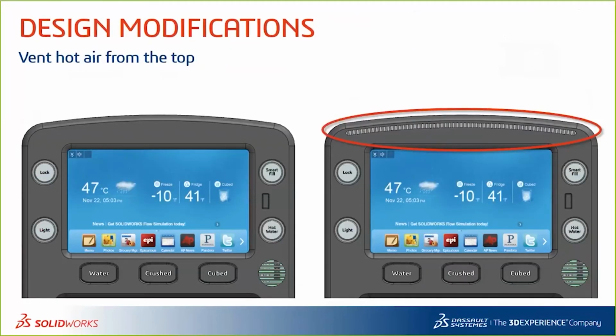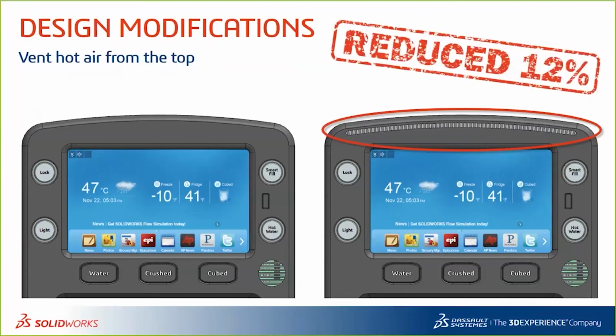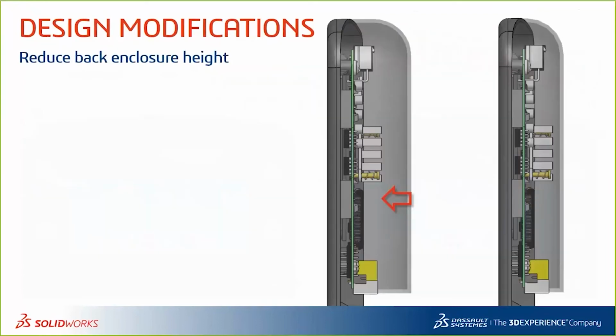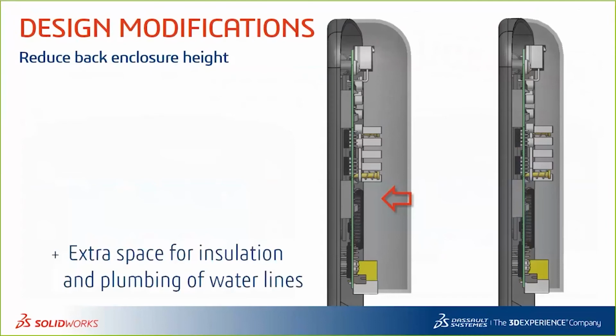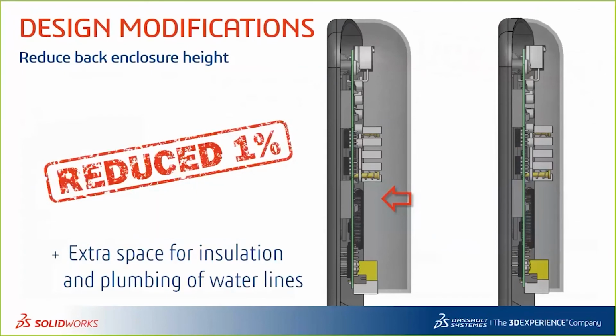So evaluating the final results, we're able to reduce the heat by 12% by including that vent. Because of that added ventilation, we were able to reduce the back enclosure height.